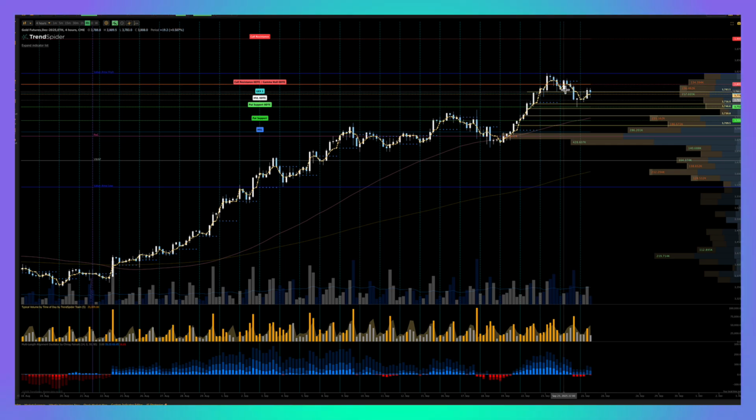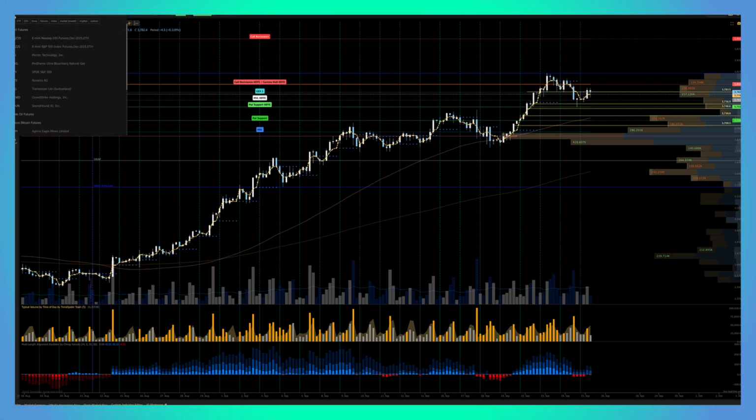If we rehold this prior low, which we're trying to do right now at 3,783, we're going to head back to 3,800 and then 3,810. Yeah, that's my thought. All right, let's go to SPY.